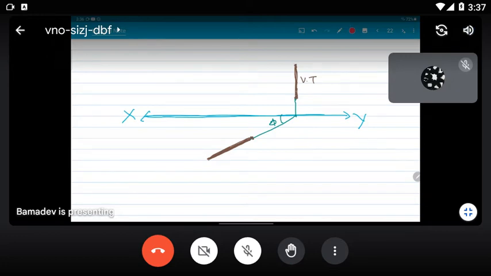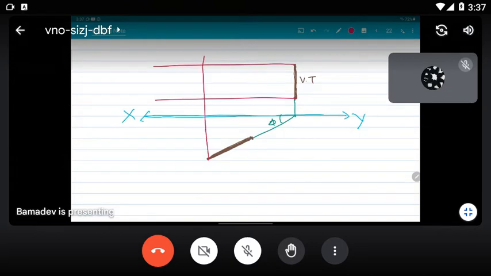Now draw the projectors: one from here, another from here, from here, and from here. So you'll get 4 points. Now join them.